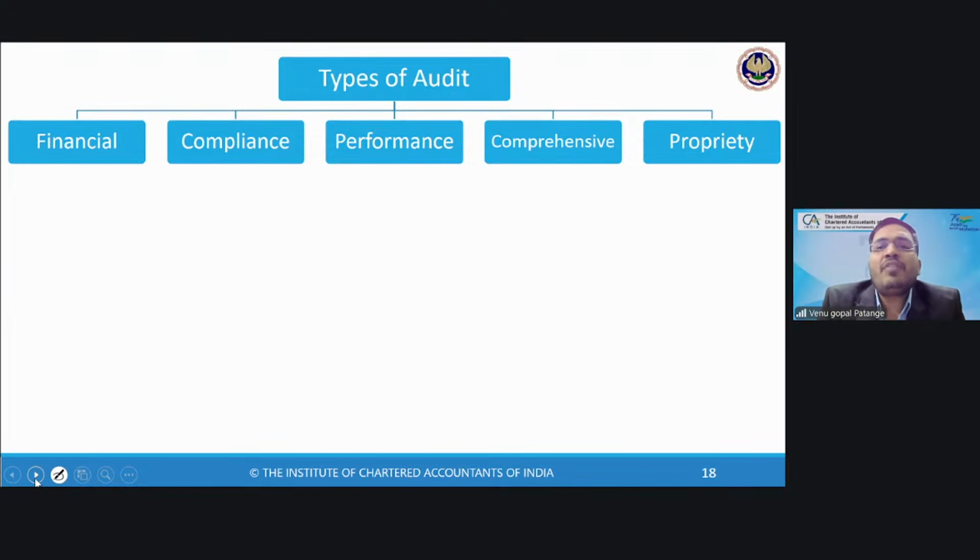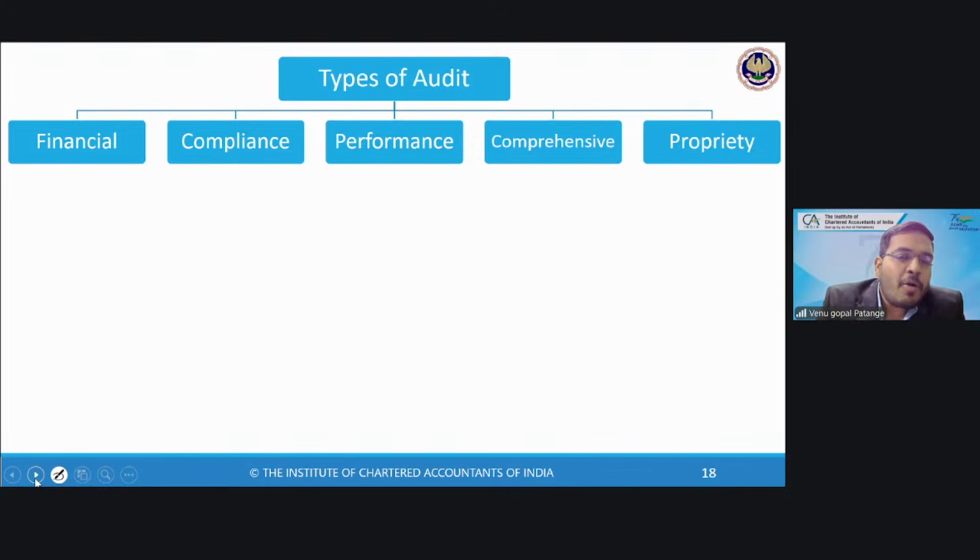The elements which we have discussed, right? Make a note for better understanding. In the case of financial audit, who is the auditor? Who is the intended user? Who is the responsible party? What is the subject matter? What is the criteria? What is the subject matter information? So you fill in this document for each type of audit, and you'll get so much clarity on these types of audit.